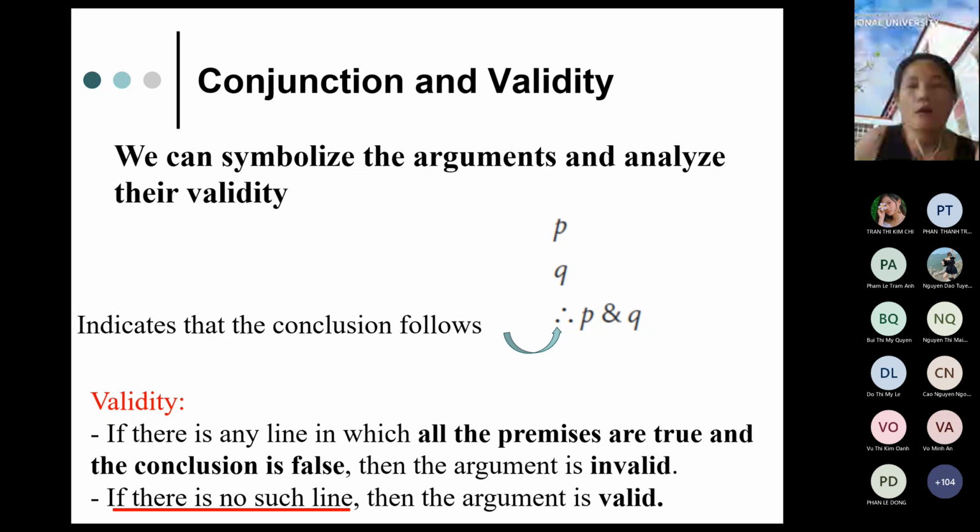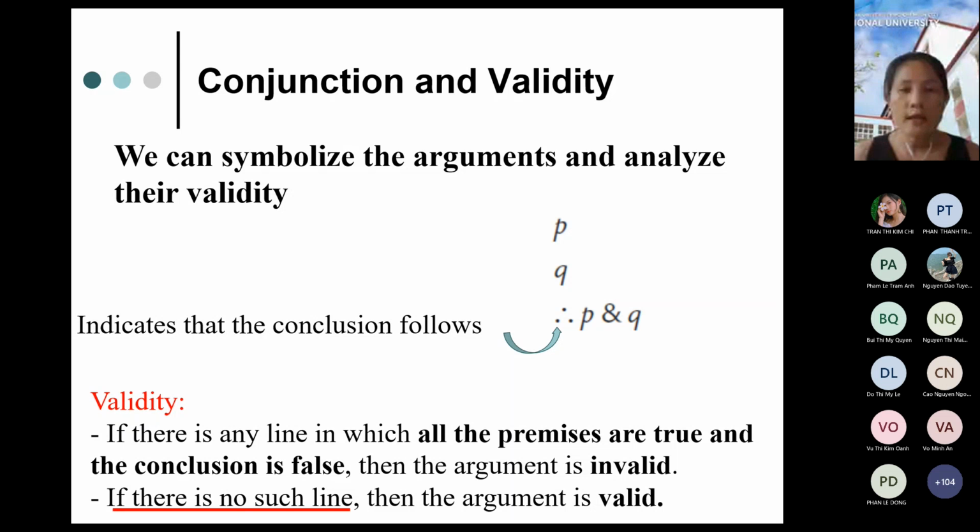After you make a correct truth table, please look at the columns of the premises. If it is one premise, look at that column. If there is more than one, look at all of the columns of the premises.